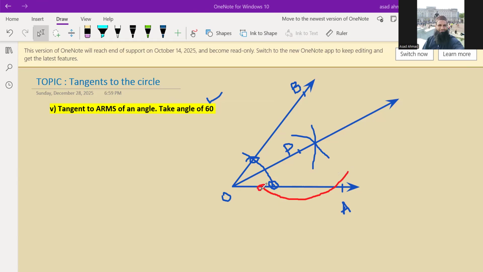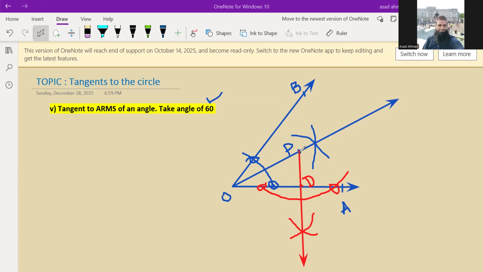And from these two points, simply draw two further arcs, let's suppose in the downward direction, like this one. And then you have to draw the perpendicular. So from point P, you make one simple perpendicular on the arm OA. This point, for example, will become point D, with PD as the perpendicular.